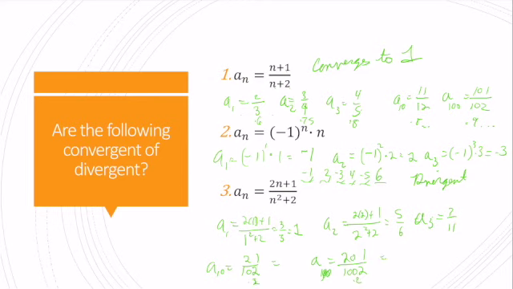If I have a sub 10,000, that would give me 20,001 over 100,002. So I'm getting closer and closer to 1/5. So this converges.